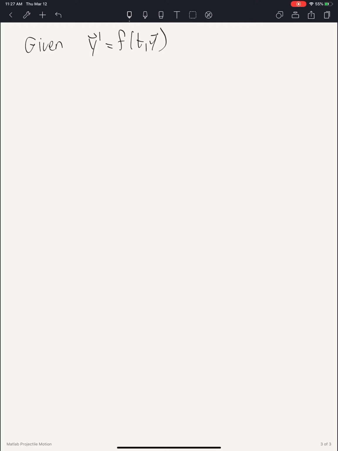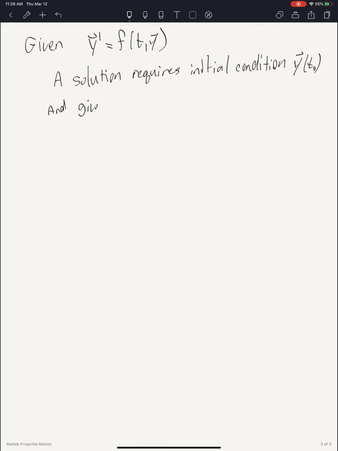If you're given this information, then a solution requires an initial condition, y at some t naught, and gives y of t in general. It gives you all the values of y at any time.